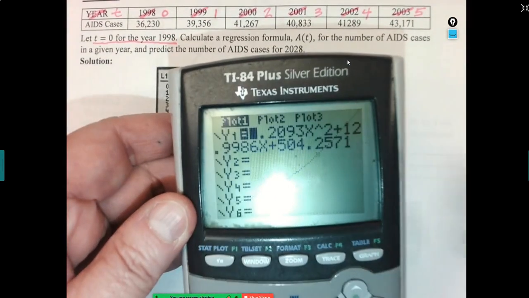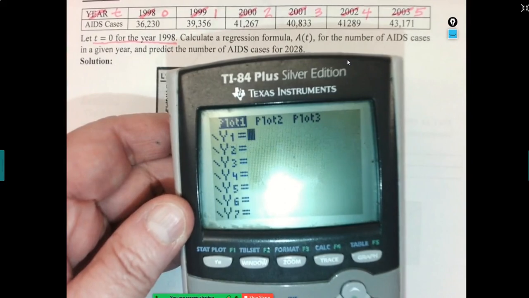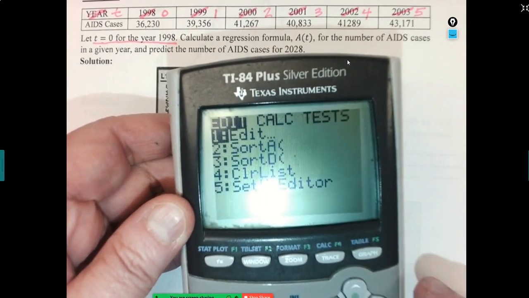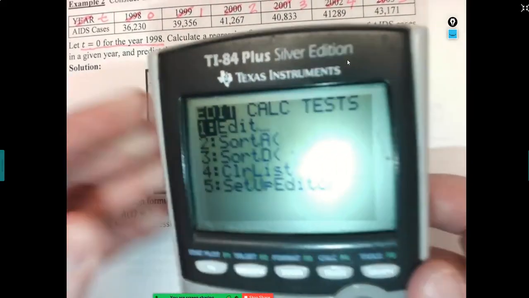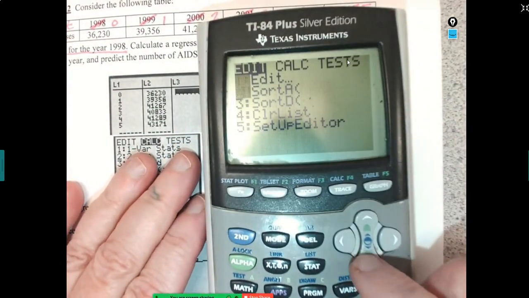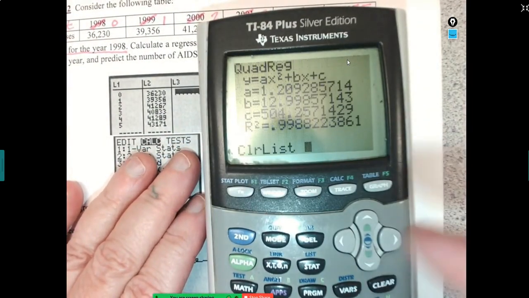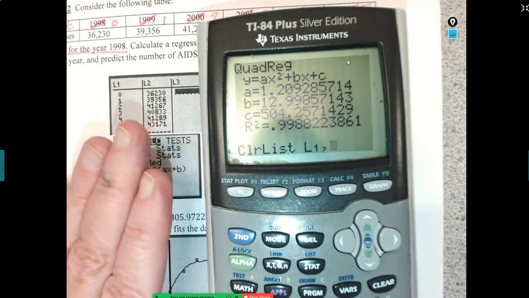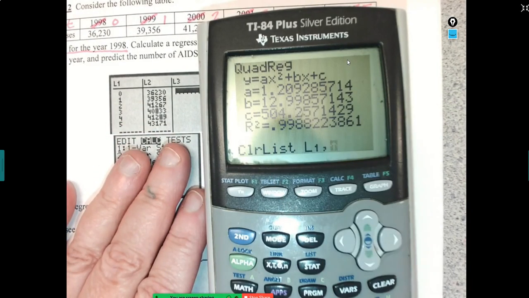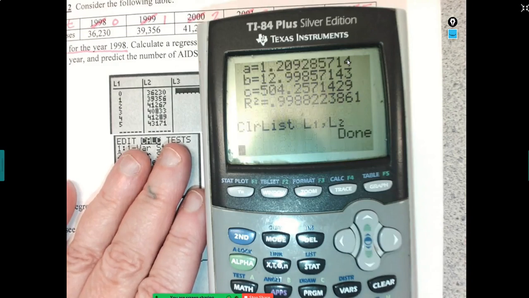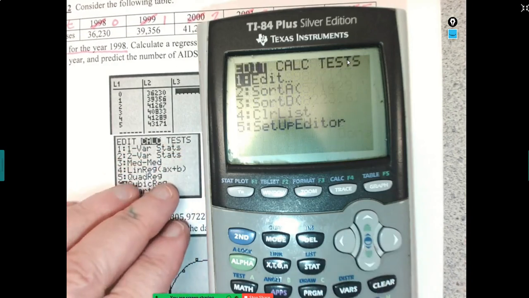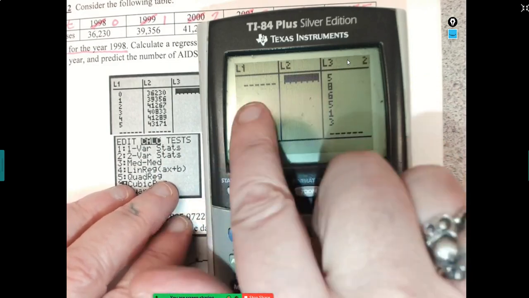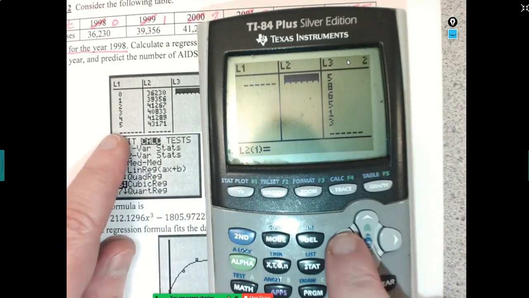Okay, so we're going to go to y equals, I'm going to clear that out. We're going to press the stat button, and I have to clear out my old list 1 and list 2. So I have to press second, 1, and then the comma, which is above the 7 key, second and 2. Okay, then I'm going to press stat and enter, and you can see I have my 2 lists cleared. I'm going to scroll over to list 1.